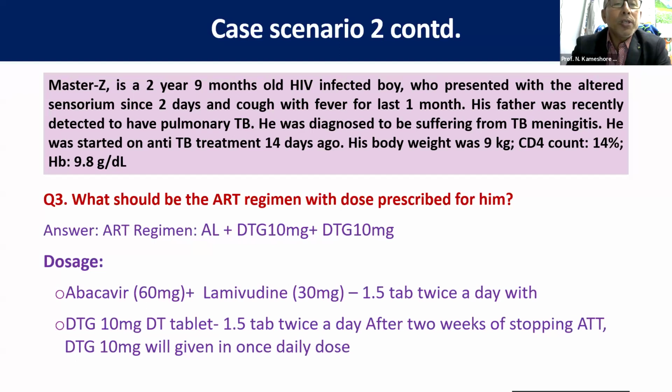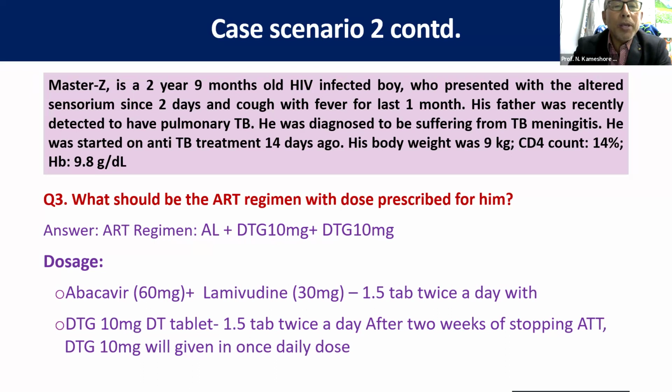So continuing case scenario 2, the question is, what should be the ART regimen with dose prescribed for this child of 9 kg? The ART regimen is ABC, 3TC, and dolutegravir, with another dose of dolutegravir because of the tuberculosis treatment containing rifampicin.